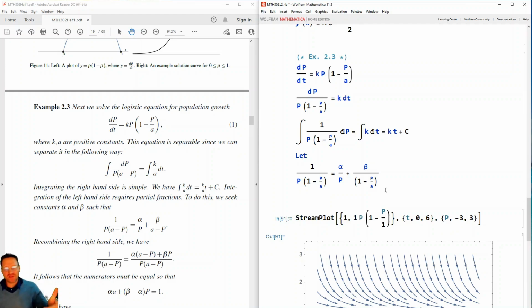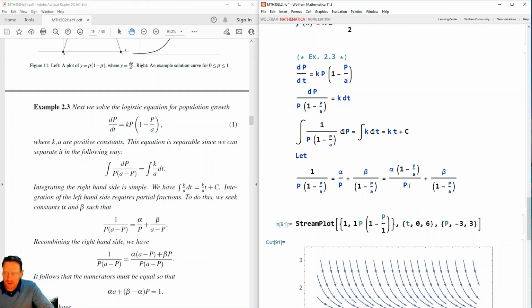Now, we want to think about what happens when we recombine this. If we were to add these two fractions, we would want the same common denominator. So that's our step here, to recombine that. Let's go ahead and recombine this. We would do so by cross multiplication. So we would multiply this on top and bottom of the left-hand side, and then multiply top and bottom of the second one by p.